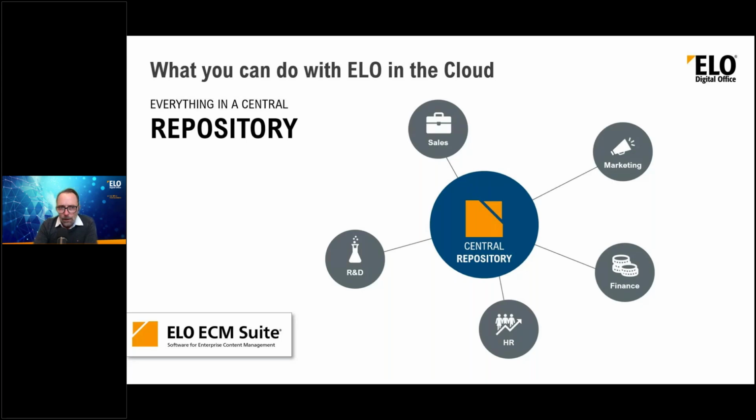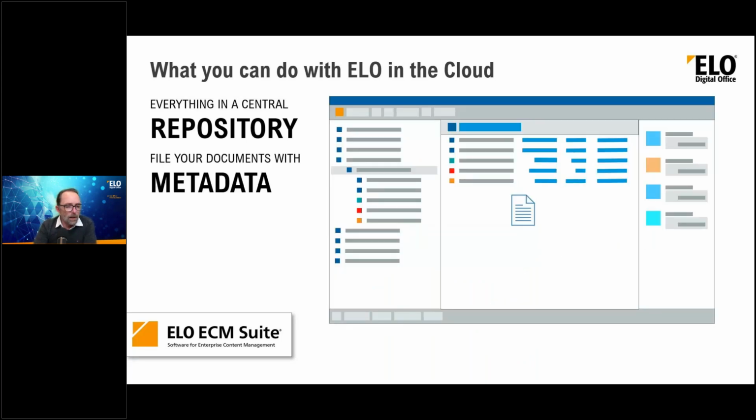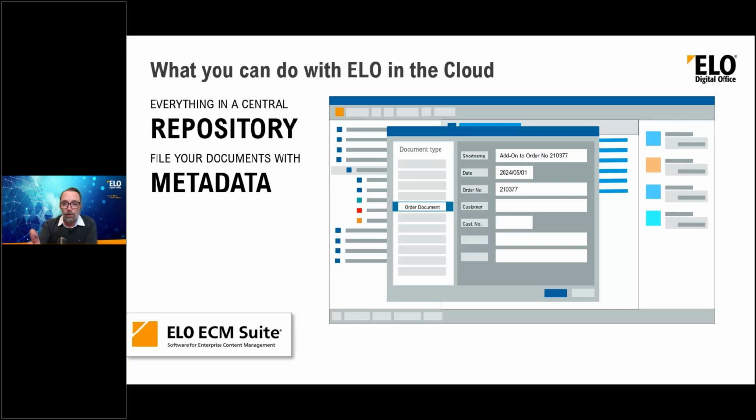Then you can file your documents with metadata, which makes it possible to find the information much faster and to file the documents and information automatically. So, for example, when we file this order document, we can file it automatically in the dedicated folder where it has to be because we know it's for customer number CU1977MA ACME LLC.